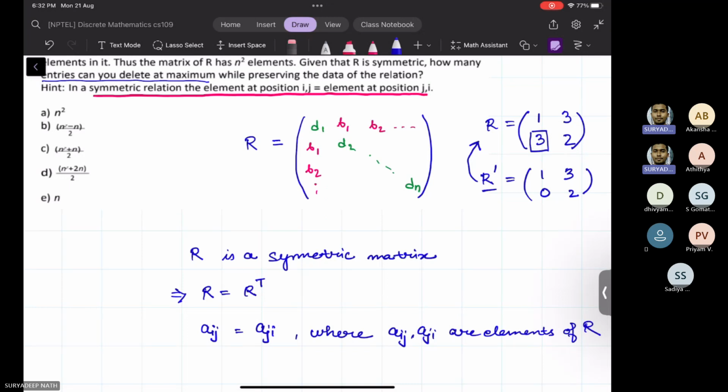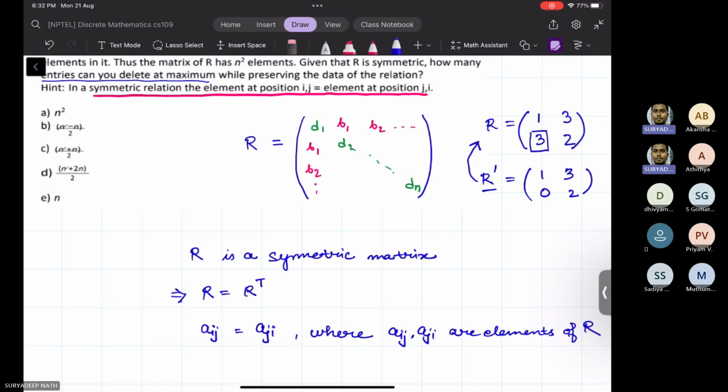Just tell me this: whether we'll have to remove the upper diagonal elements or lower diagonal elements. Can anyone say whether we have to remove upper diagonal or lower diagonal elements? Anyone?